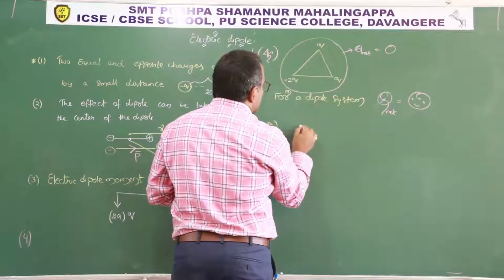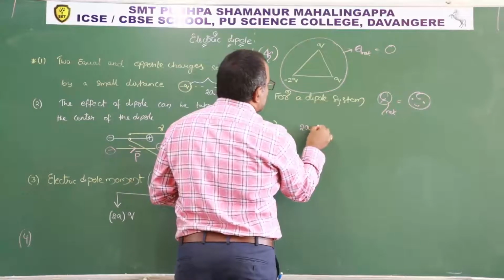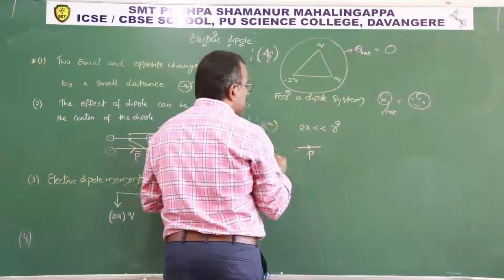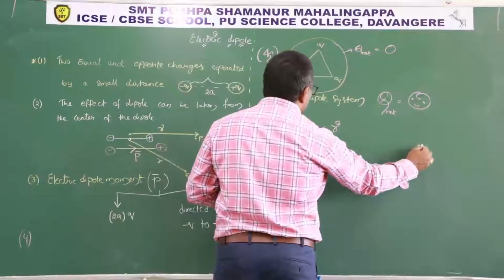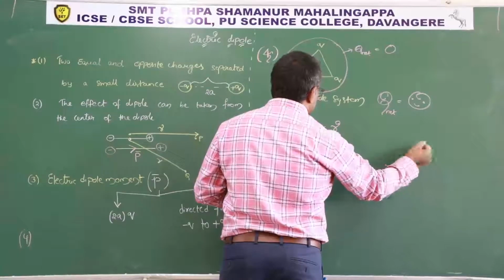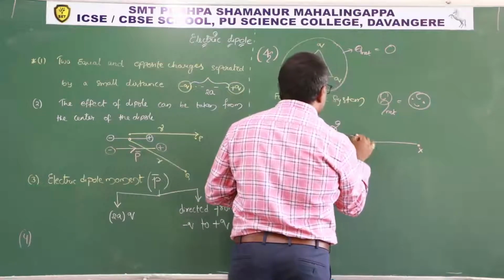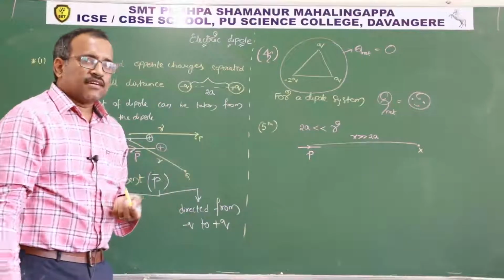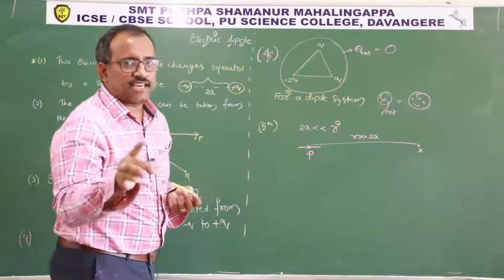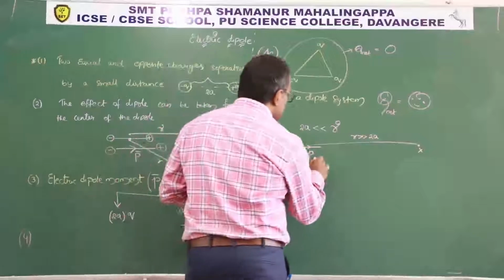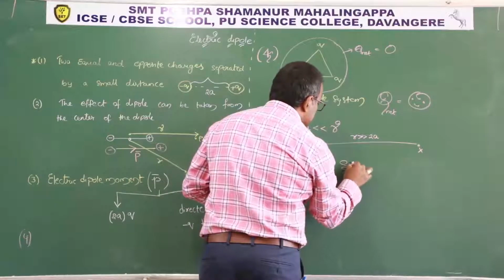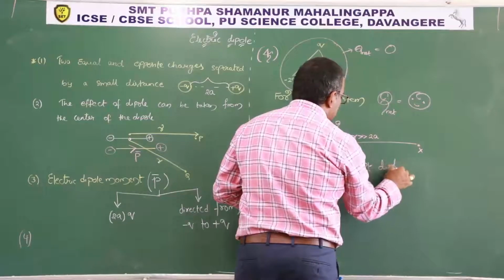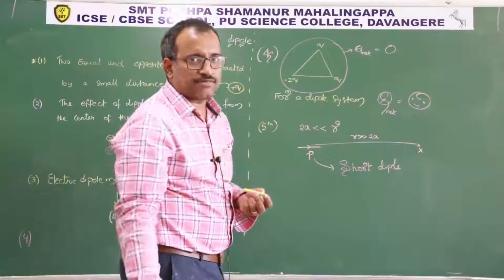If 2a is very much lesser than r, like if this is the dipole and the point is at distance r, at x, where r is much greater than the size of the dipole, then the dipole is treated as a short dipole.